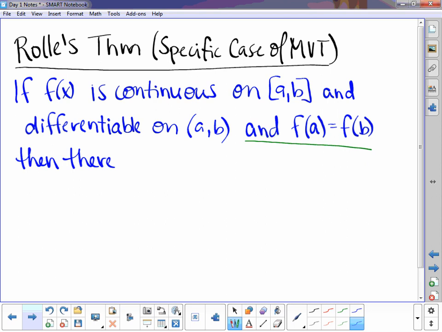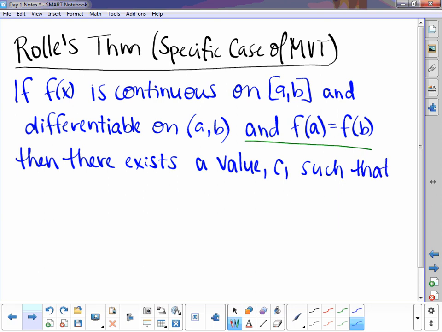Then there exists a value c such that c is within the interval just like before. And then here's the kicker with it. So if my endpoints are the same, then Rolle's theorem lets us know that at some point in time, my derivative is 0.